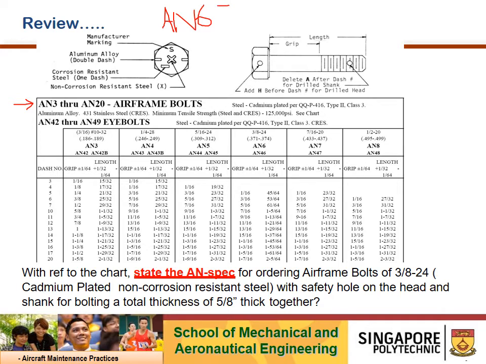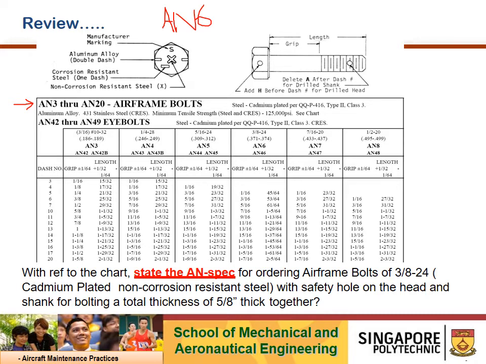Let me get my pen. The part number is AN, which is Air Force Navy, and the 6 refers to 3/8-inch diameter. Now you either have a dash, a C, or a double D. What does this represent? It's actually the material of the bolt.